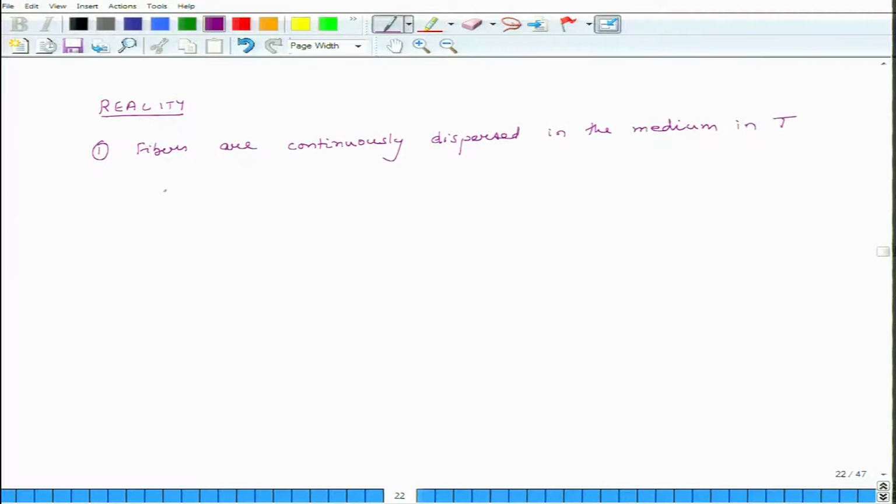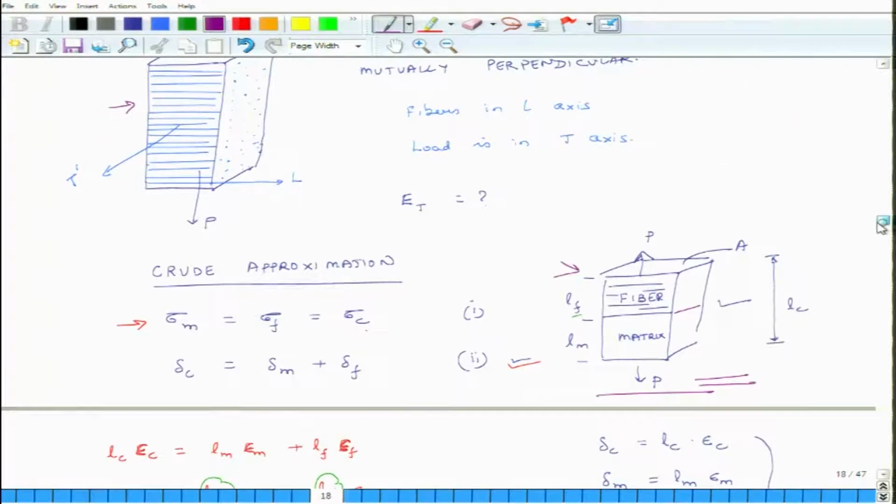In T direction. Now what does that mean? What that means is that at every cross section, see earlier we had assumed, what did we assume? That stress in the matrix and stress in the fiber and stress in the composite is same.